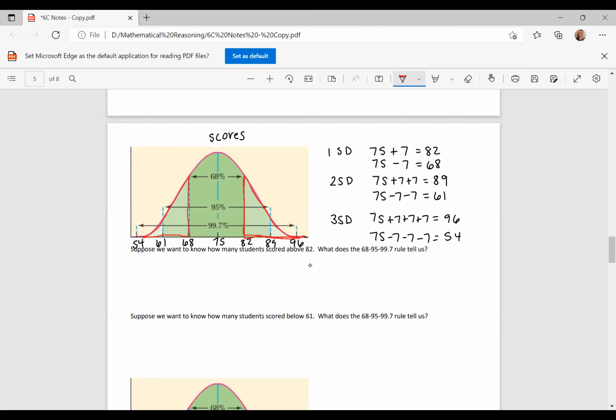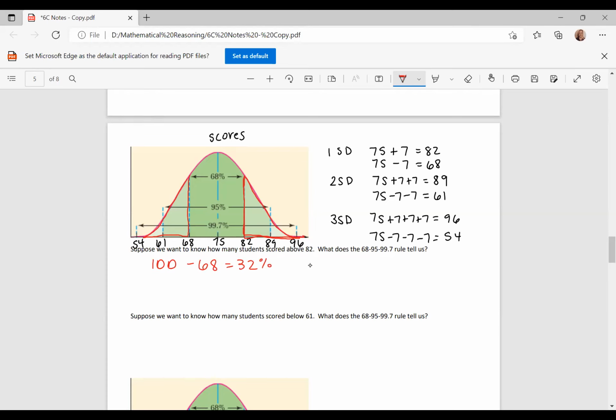So this whole thing should be our 100%. But we're removing 68, and then we're only looking at half of those that make above that. So if I do 100 minus 68, we're going to have 32.